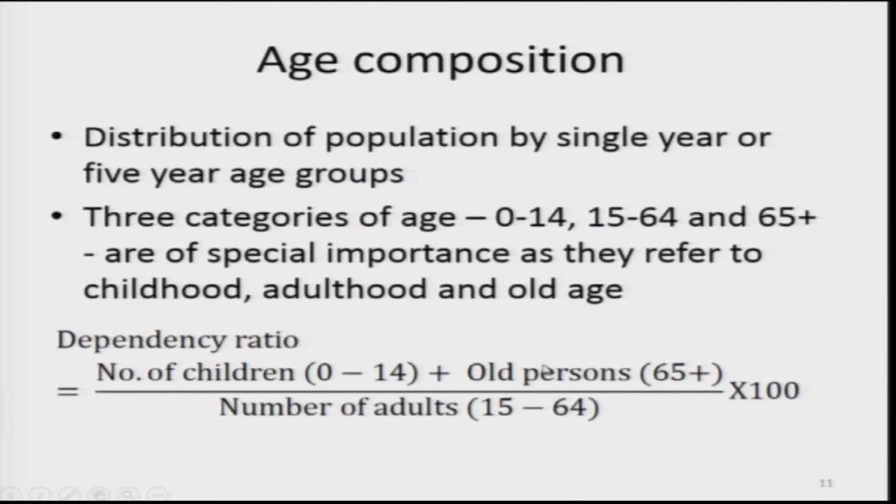Age composition is often measured in terms of distribution of population by single year or in 5-year age groups. The 5-year age group data provide less detail, but it is considered to be superior to single year age data, because single year age data suffers from what is called age heaping. At the time of enumeration of data, people have a tendency to report ages in figures ending in digits 0 and 5.